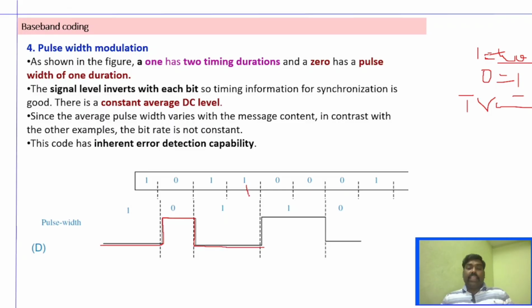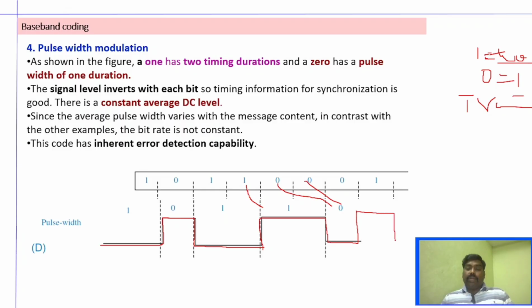Again it is one, so there is a transition in the beginning and it is two time periods. Then it is zero, so you'll have only one duration, and again it is zero, so there will be a transition and only one duration.